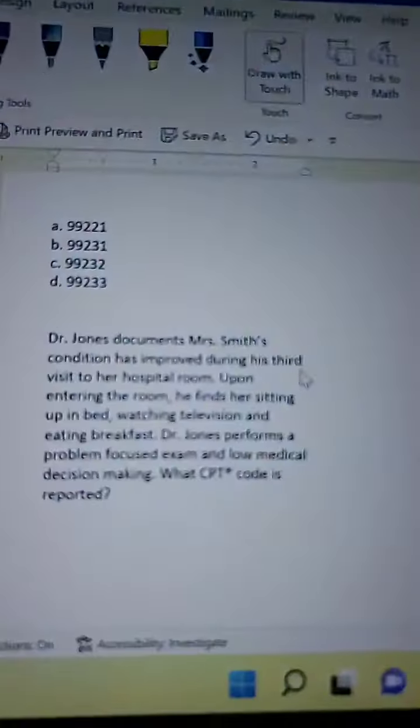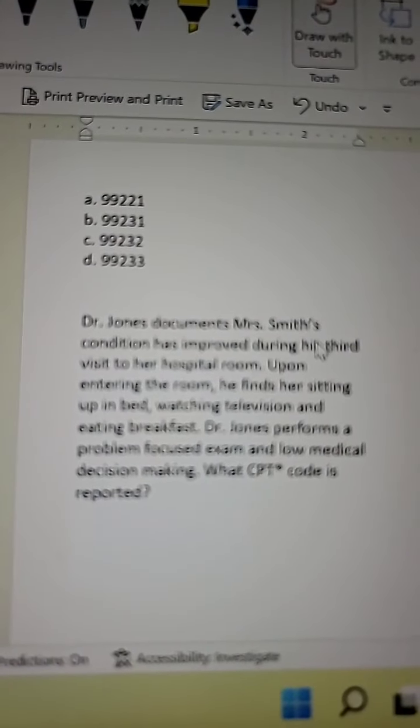Let's see. What about this one? All right, good. Let's go see. We've got, let's look up our codes first. So 21 is admit hospital, right? Admit hospital. I don't remember 31.